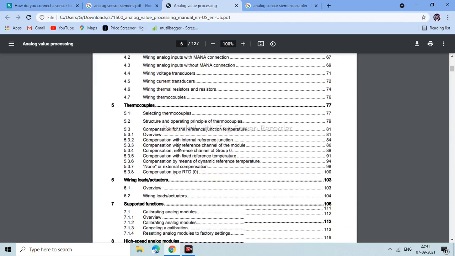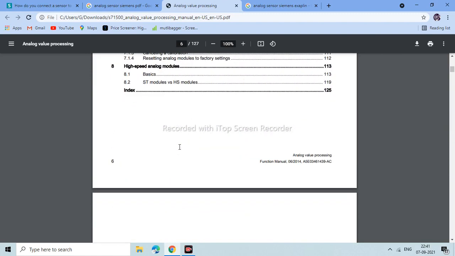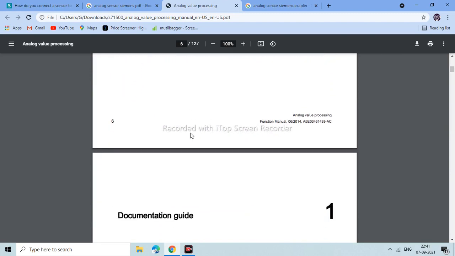Do you know what type of input we give to analog? I will tell you simply. There are analog cards, digital input and output, and analog output. For analog input, we provide specific inputs like temperature, pressure, level.